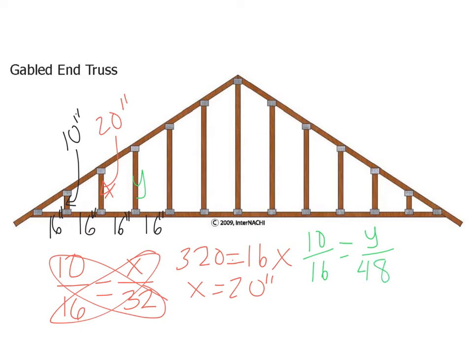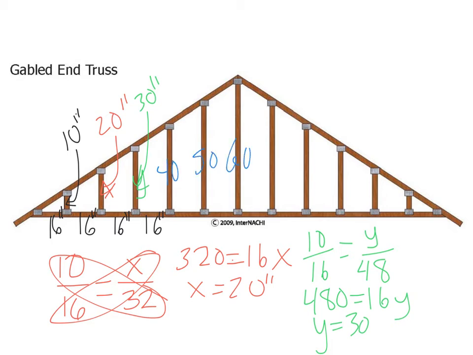So I'd have 480 equals 16y. So y is going to equal, well, fancy that, 30. So that guy is 30 inches. And believe it or not, we're going up by 10 inches each time. So this next one here is going to be 40, 50, and 60.